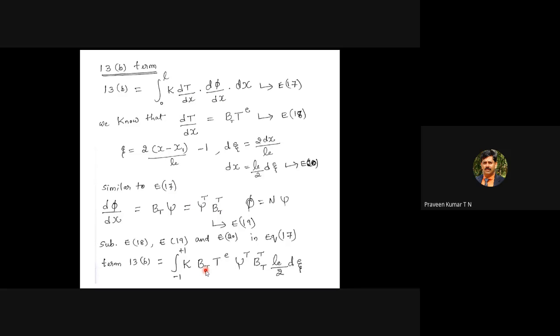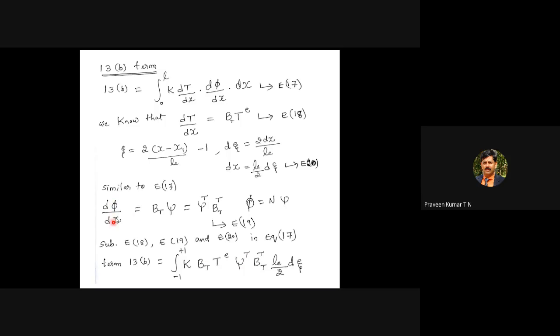Imagine we have a column vector of 4 by 1 and one more vector again 4 by 1. Those two vectors cannot be multiplied, but we can multiply a 4 by 1 vector with a 1 by 4 vector. So hence you are taking the transpose.